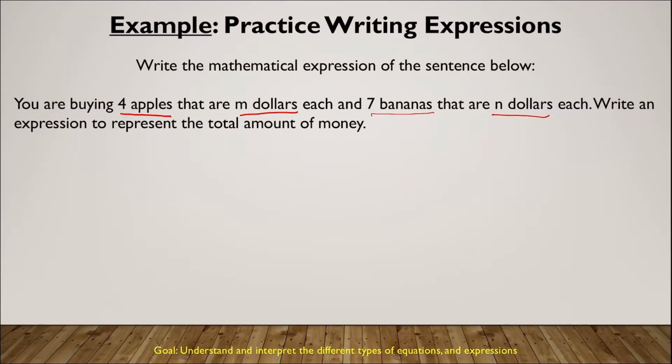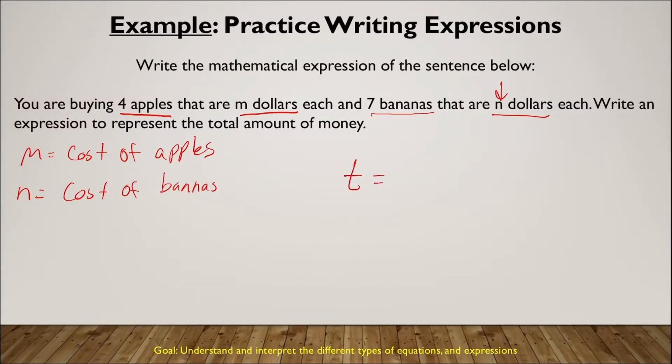Okay, so let's just define some stuff here. We know that M equals the cost of apples. We know that N equals the cost of the bananas. So my total is equal to 4 apples multiplied by $M plus 7 bananas.